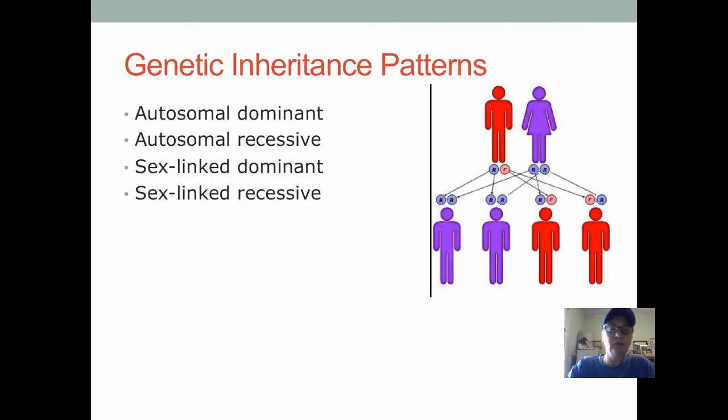And this is where it gets a little tricky, but not really, in my opinion. Anytime you see the word autosomal, that means that the pattern of inheritance is not on a sex cell. It's not on one of the sex chromosomes. It's on one of the other chromosomes. Basically, if you're a girl, an X and a Y, those are your sex chromosomes.